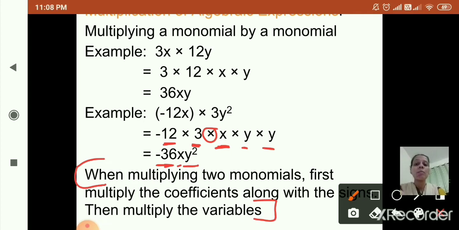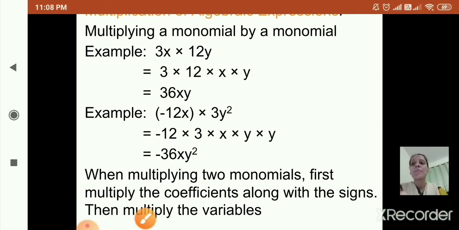Monomial means an algebraic expression which has only one term. So here we are starting multiplication of algebraic expressions. We have studied two examples based on multiplying a monomial by a monomial. Now we will see the next.